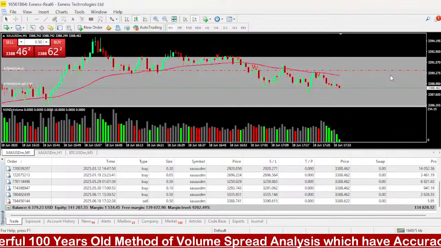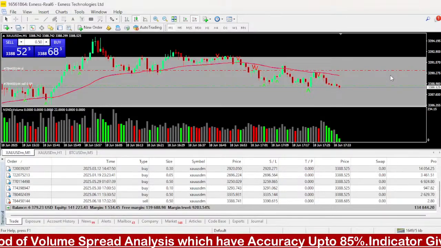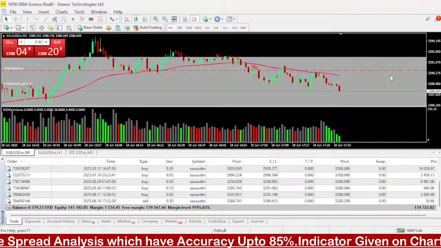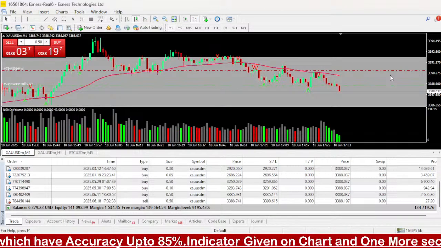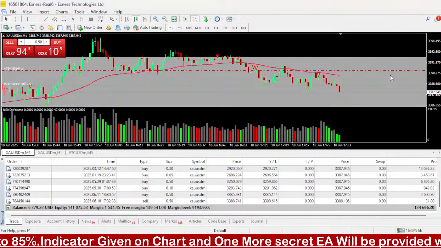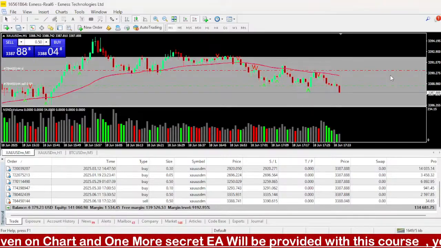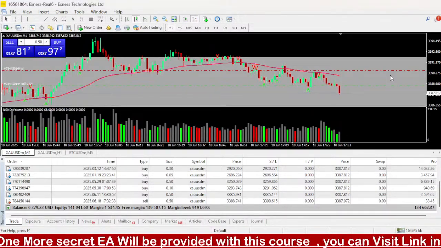It's that easy. This indicator is provided in our course. Whenever it moves a little bit, you can book your half profits and then wait for more profits to come.